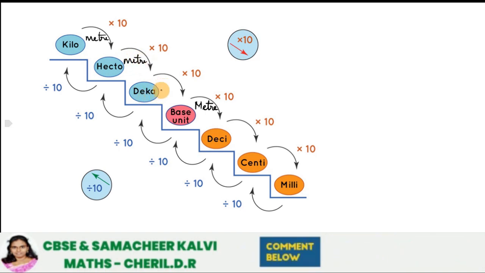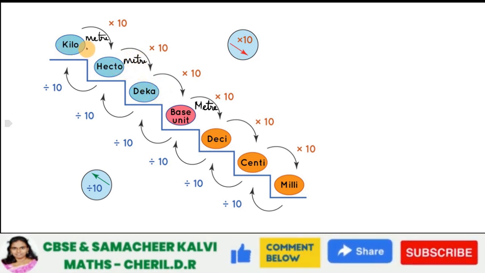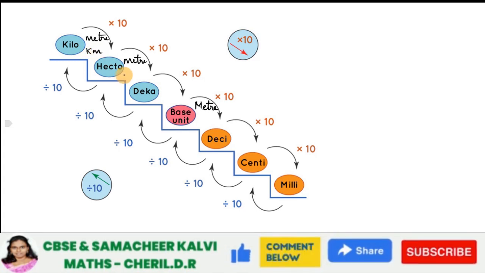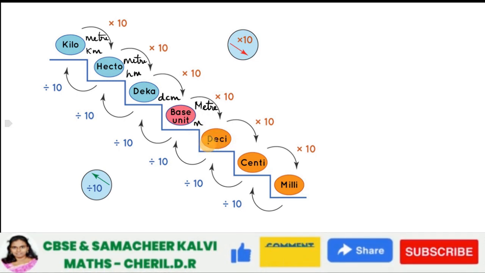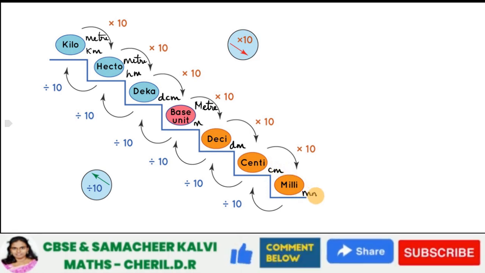Then you have decameter. So this you will write as km, this one as hm, this one as dcm, this one as m, and this one, decimeter, you will write as dm, cm, mm.